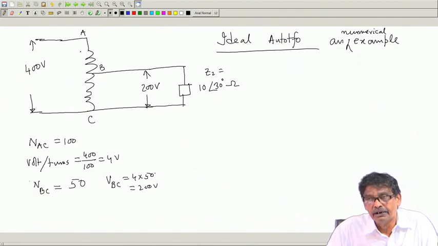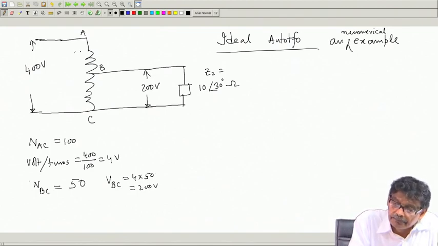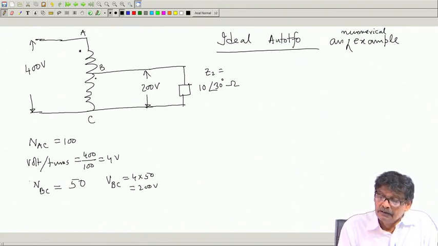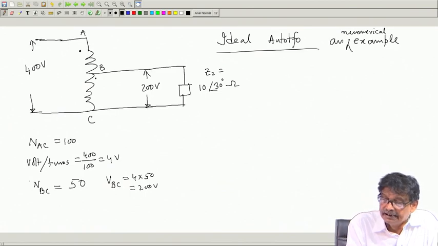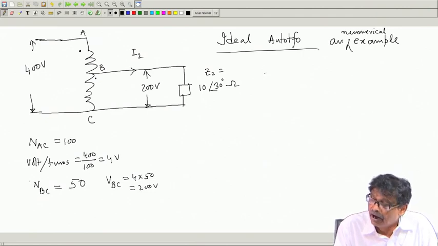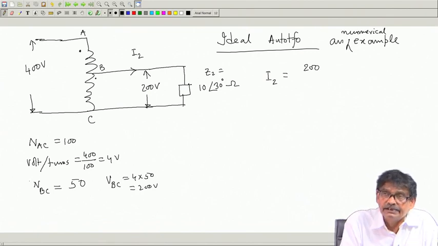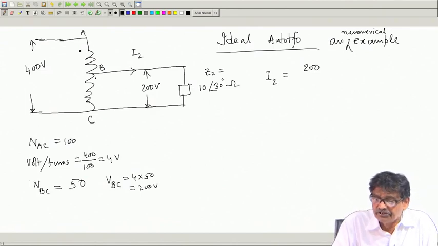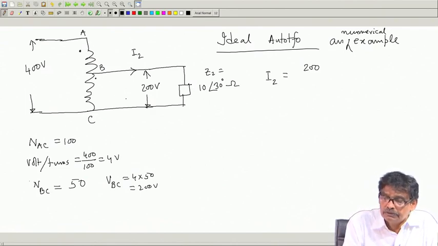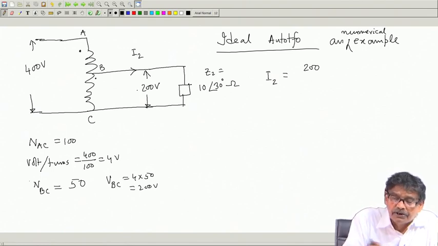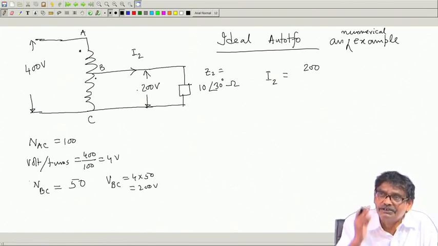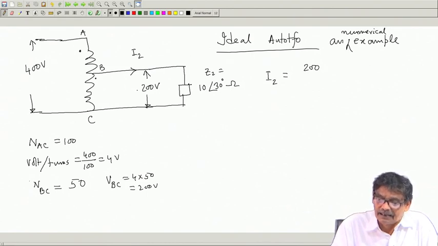Now, I have been asked to calculate currents in all the parts of the auto transformer, and mind you, this is dot here. First thing what I can see is that I can calculate this current I2. So, all voltages will be in phase, because same flux links all the voltages, and there is no distinction between V2 and E2, no distinction between V1 and E1, they are one and the same, and all the voltages are in time phase.